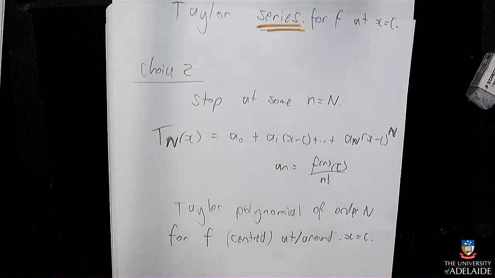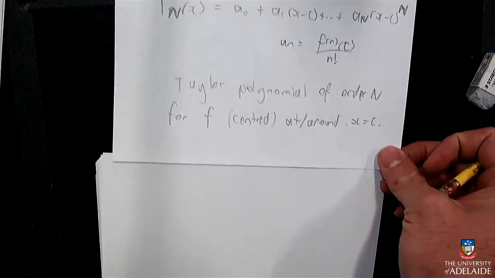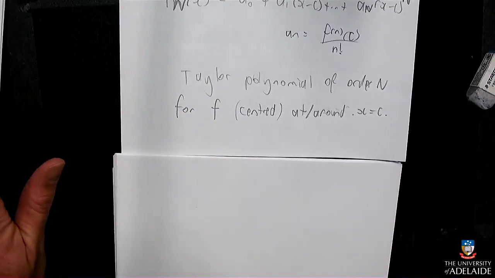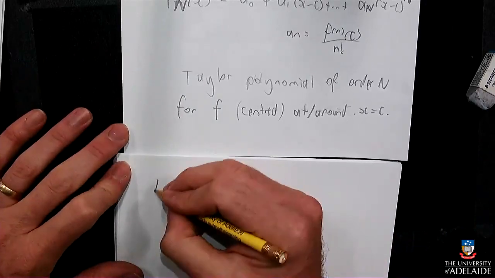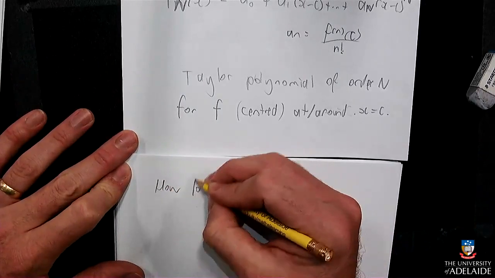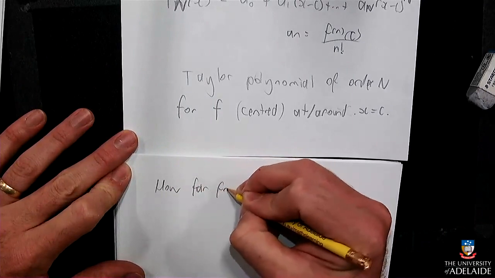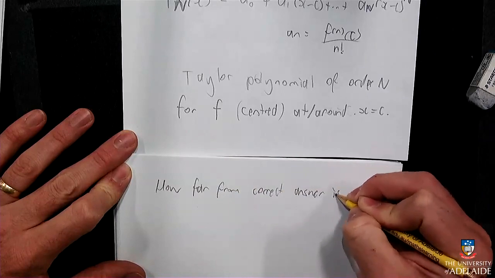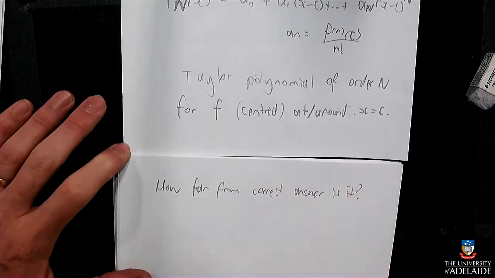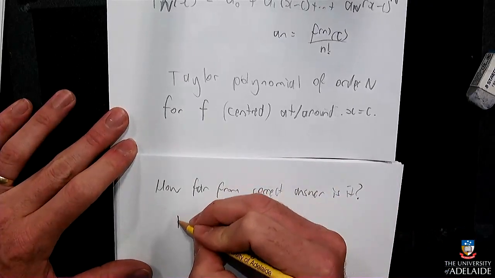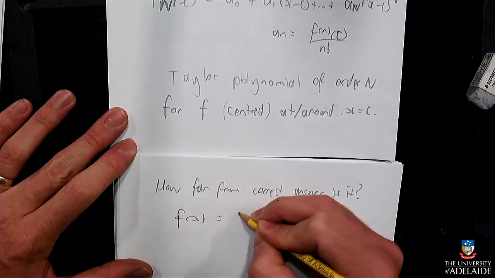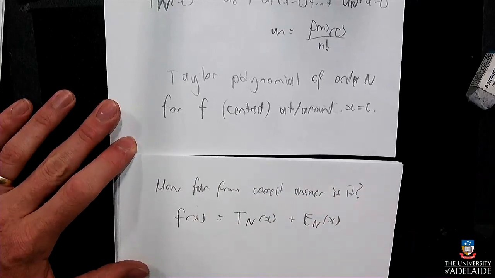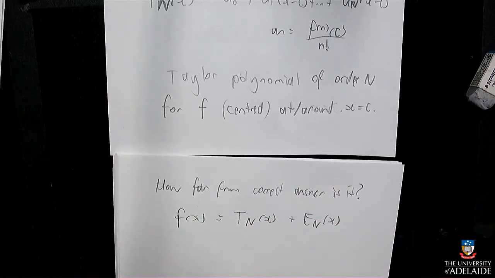Which means that we have to figure out how different from our function it is. And so we can now ask the question of how far from the correct answer is it? And that can be that the real function is the Taylor polynomial plus the error. Like that. And this is the error.